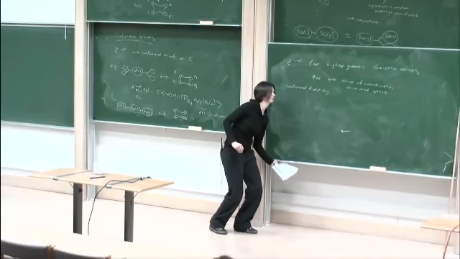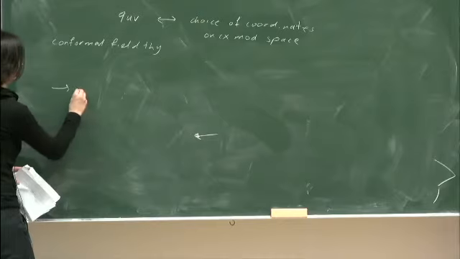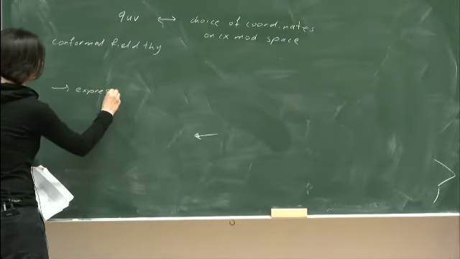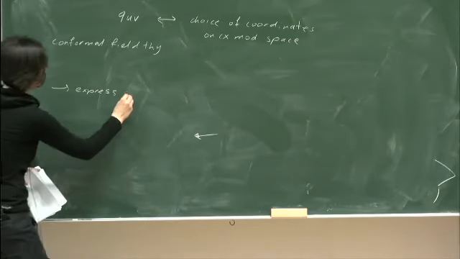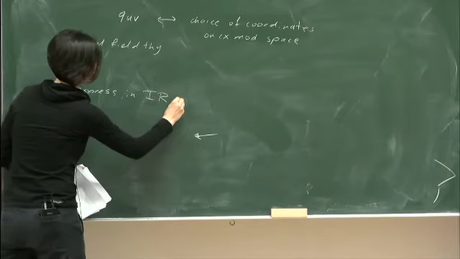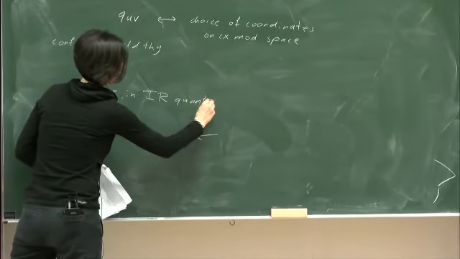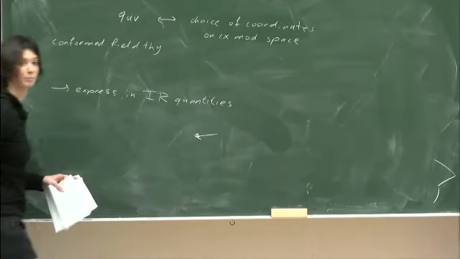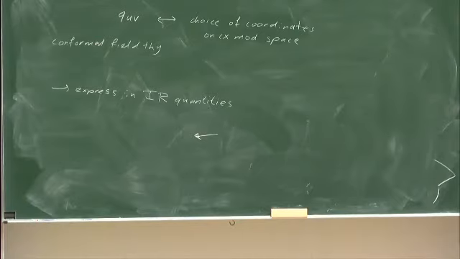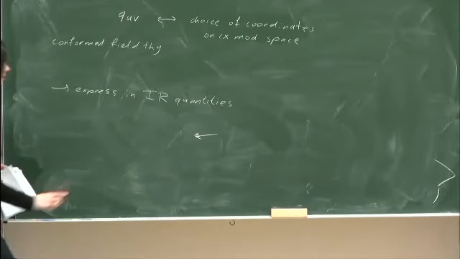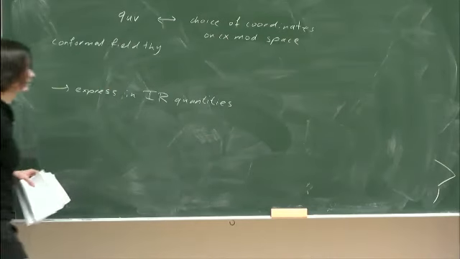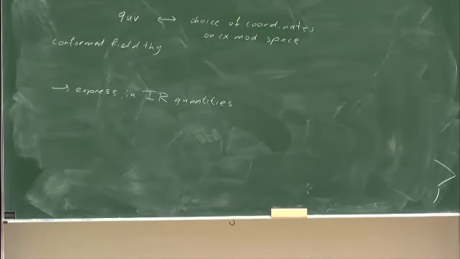So if you express all these quantities in IR quantities, they are supposed to agree whichever choice of coordinates you take on this complex moduli space. However, if you want to find an exact agreement in terms of UV coupling constants, you need to pick the right choice of coordinates. And it is still unclear for us how those coordinates are characterized.